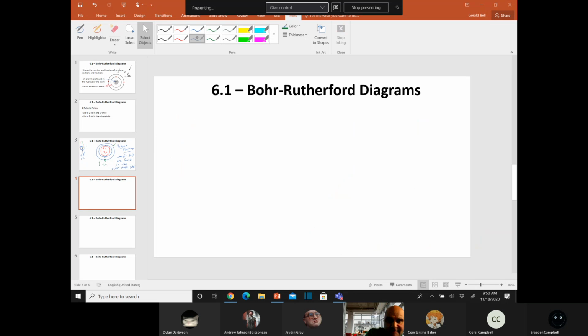Fluorine is F, and it is number 9 on our periodic table. When you find it, you'll see it has a mass of 18.999. We're going to round to 19.